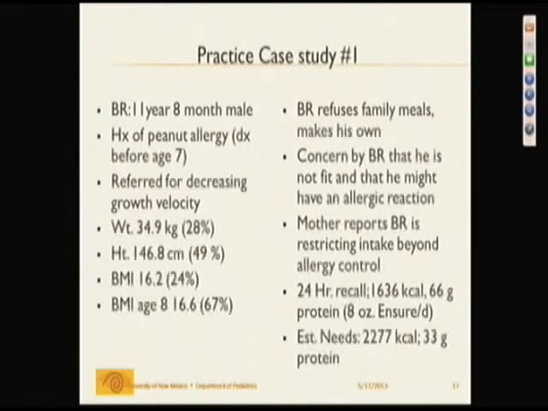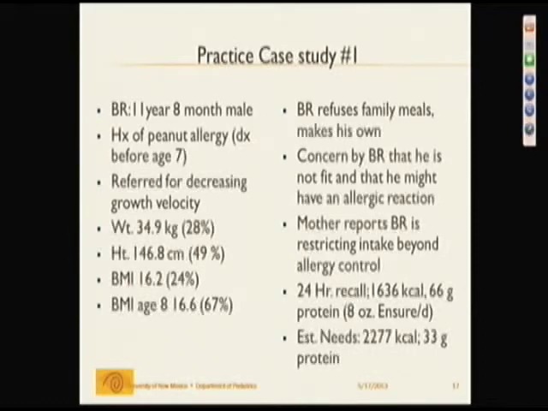So someone could also choose, if you look down at the second portion, the oral or nutrition support intake, limited food acceptance is another one that could be used. And again, it would be related to this report of concern that he might have an allergic reaction and his mother's report of restriction beyond what she thinks is allergy control.